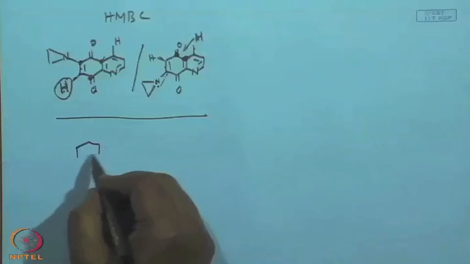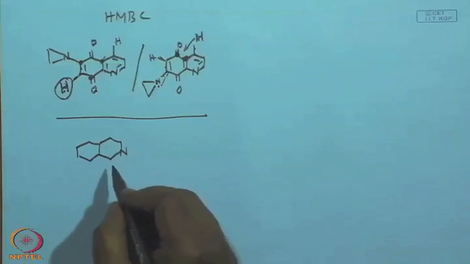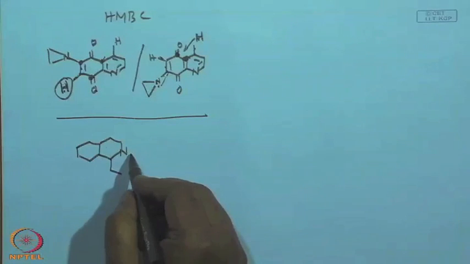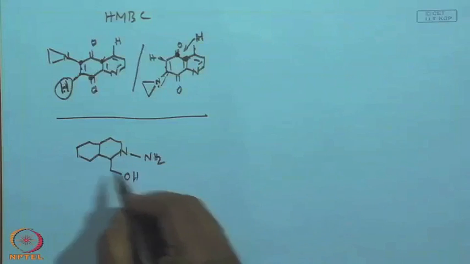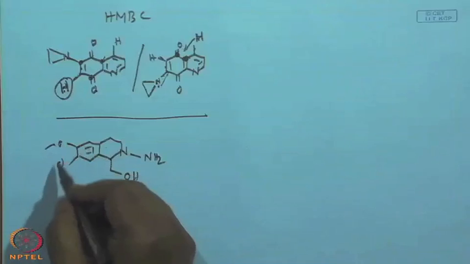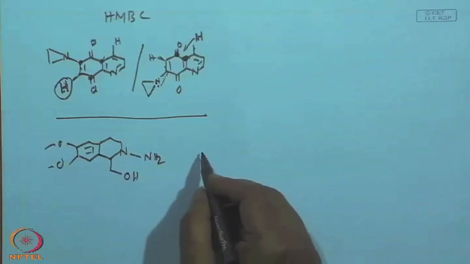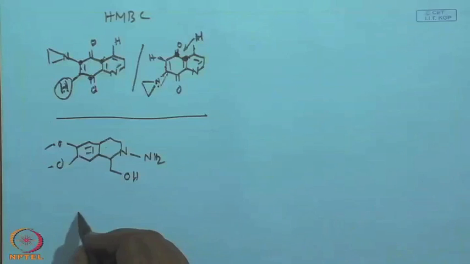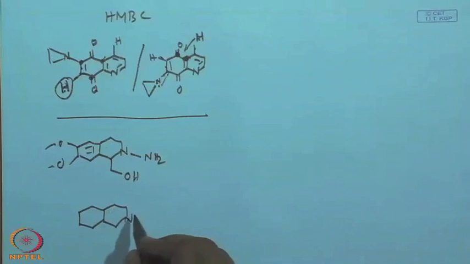In this case, the structures are again a bicyclic structure with nitrogen. This is NH2 and OH, and this is OMe, and the other compound that we would like to look at would be again an isoquinoline derivative.